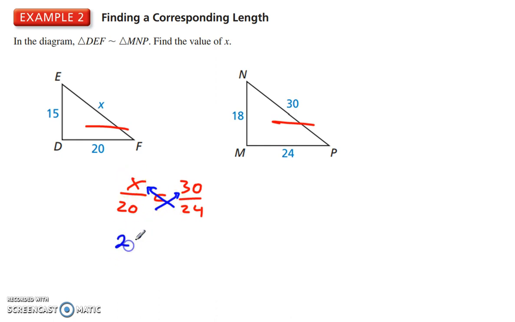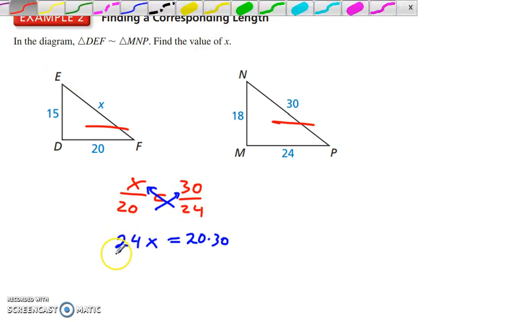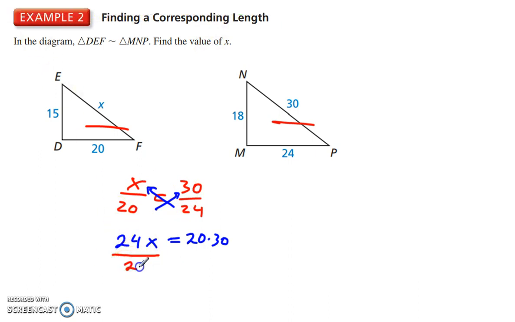If we cross multiply, I get 24x is equal to 20 times 30. I multiplied 24 over here and 20 over there. Now in order to solve for x, I have to divide both sides by 24. Notice that 24 is back where it started.